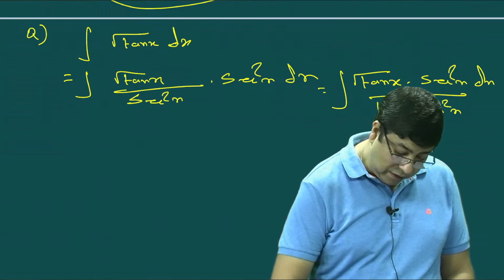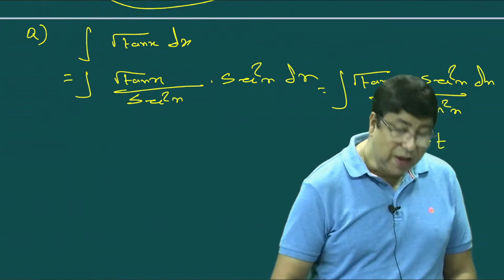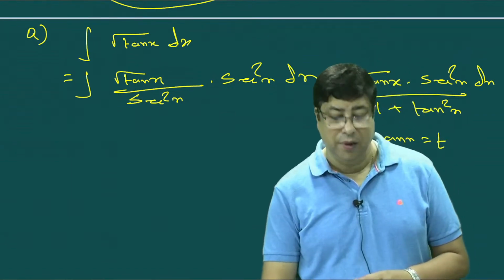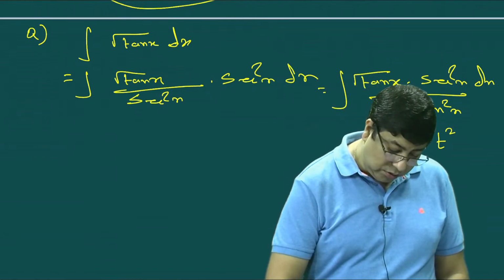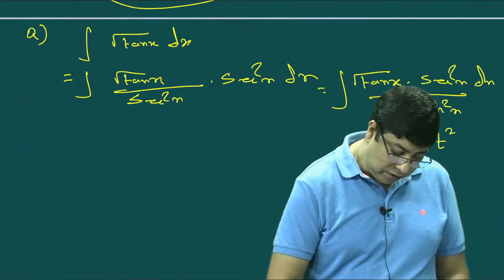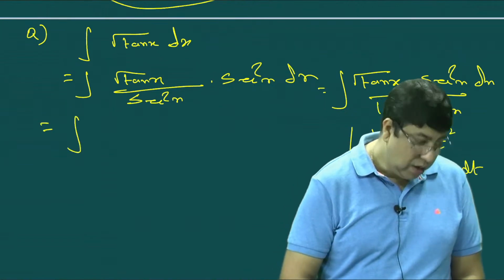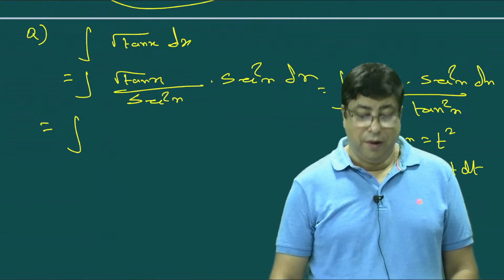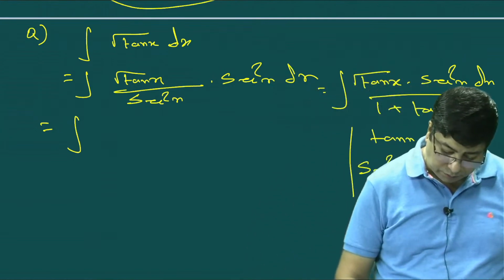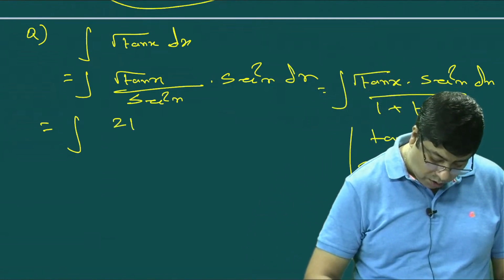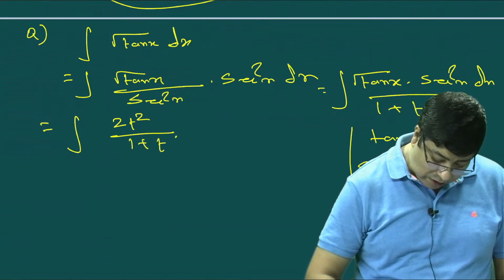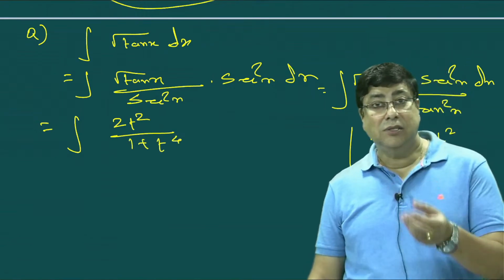So now we can write tan x equal to t square. We can take t, but it is better to avoid the root, so it is t square. So sec square x dx equal to 2t dt. So we can write here 2t square by 1 plus t to the power 4.